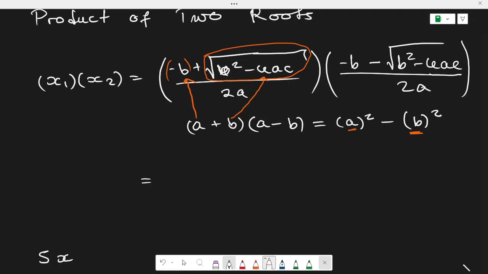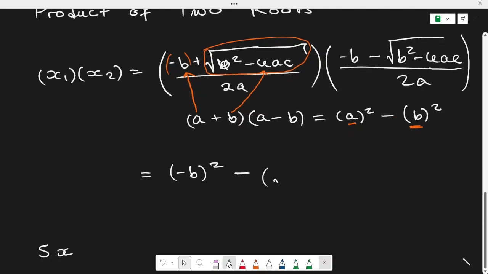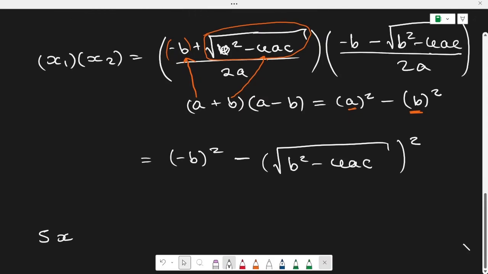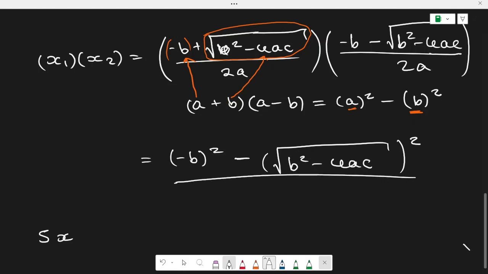Okay, so the result that we're going to get will be negative b, inside the brackets, minus the root of b squared minus 4ac, and this is also inside the brackets. Then this is divided by this times this, which will give us 4a squared.